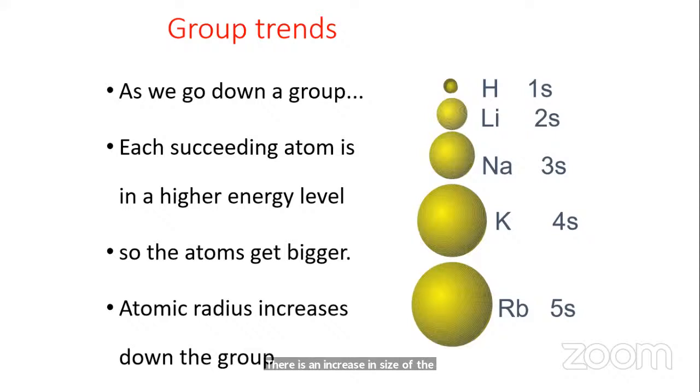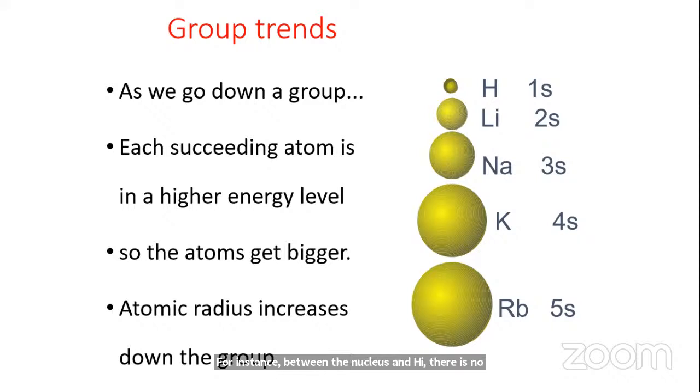And this is because as we go down the group, the energy level where you find the valence electron increases. And also with that, you have an increase in the shielding effect. For instance, in hydrogen, between the nucleus and the valence electron, there is no orbital.